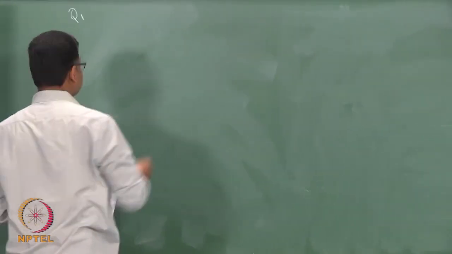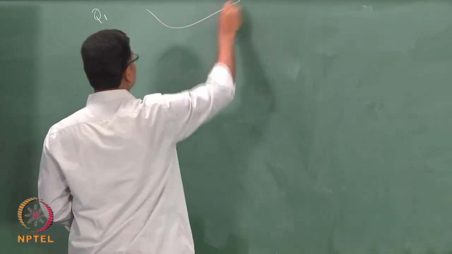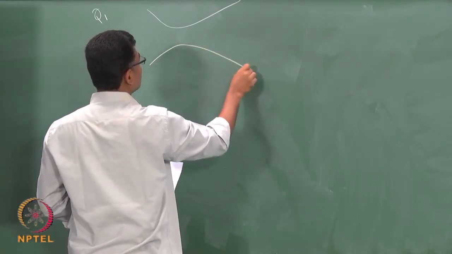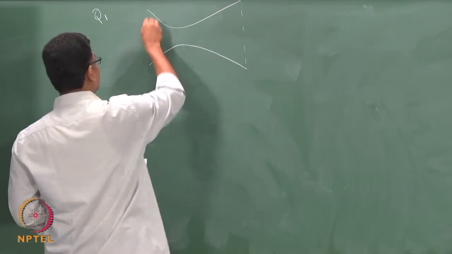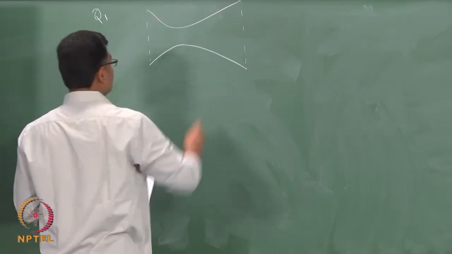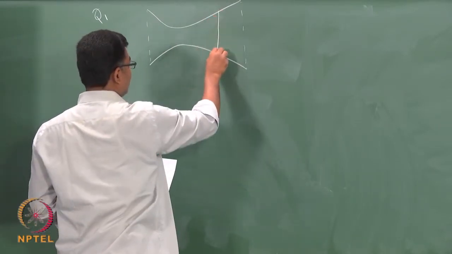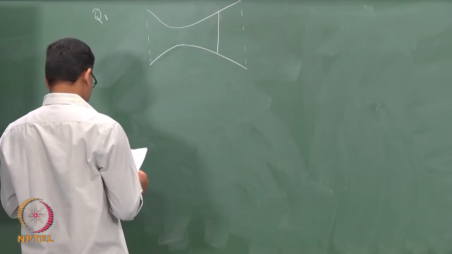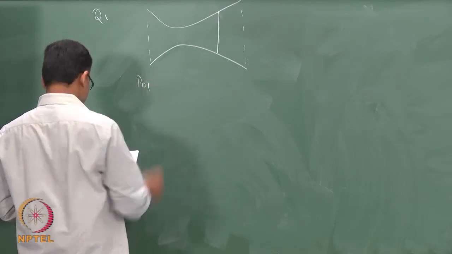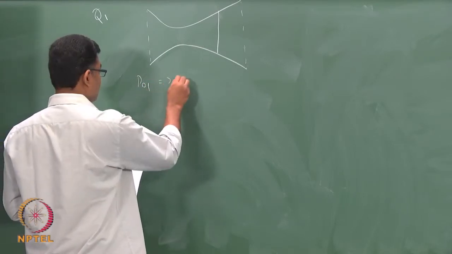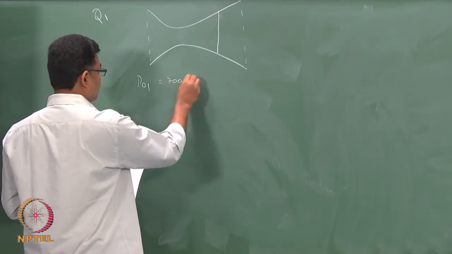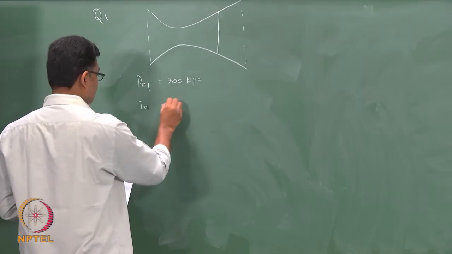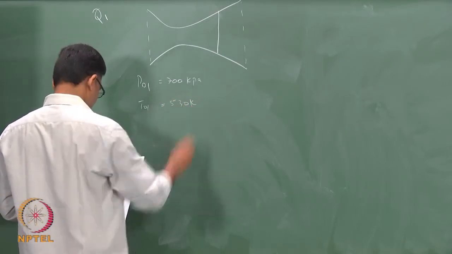Question 1. I have a shock somewhere in the diverging section. The stagnation pressure at the inlet is 700 kilopascal and the stagnation temperature is 530 Kelvin.